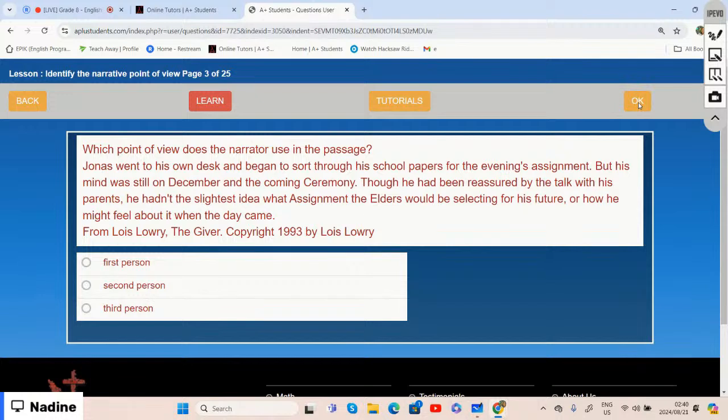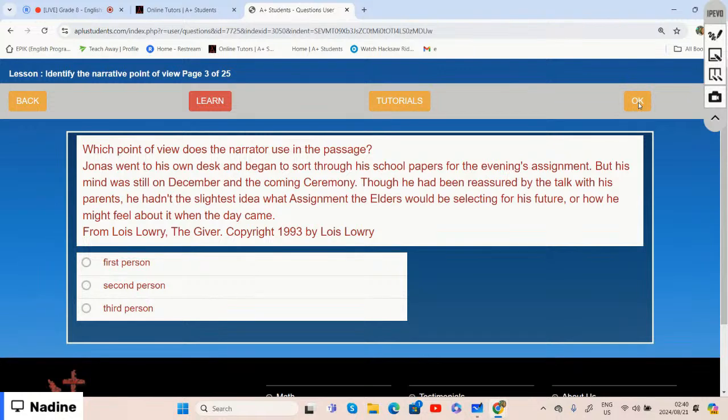All right. We now need to say which point of view the narrator uses in the passage. It says Jonas went to his own desk and began to sort through his school papers for the evening's assignment. But his mind was still on December and the coming ceremony.